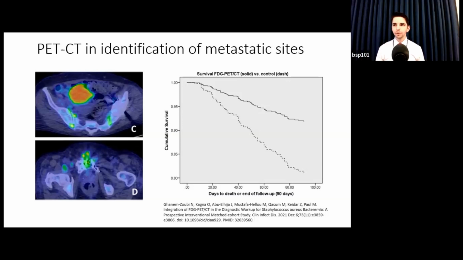Just under half of those were patients with musculoskeletal infections, joint infections, osteomyelitis. Around 20% were pulmonary infections, and the rest were a mixture between the two. But the survival rate in the population that underwent PET-CT imaging versus the control who just underwent usual care was much better.